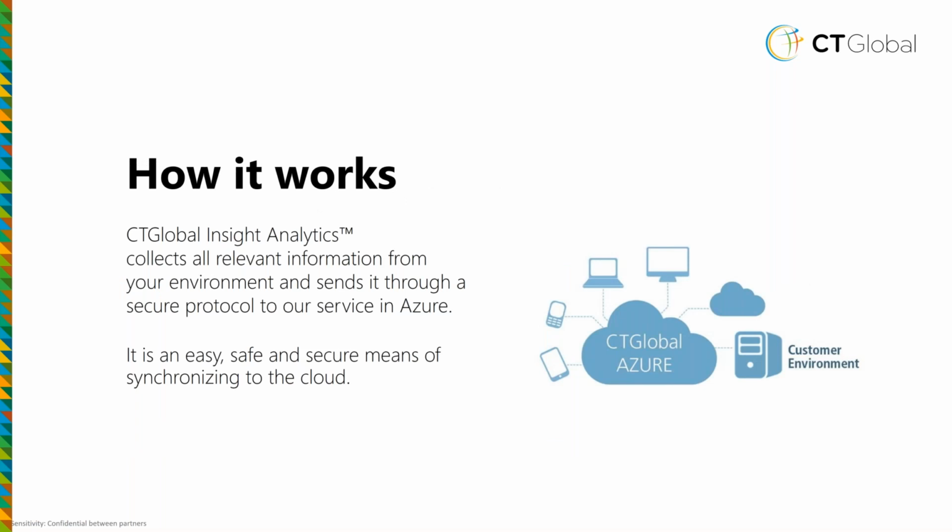So how does it work? Very quickly. As I mentioned, you have your environment. If you have a config manager environment, we will supply you with the reports, with the configuration items, with all the logic. The only thing you really have to do is just install a service. That service will then communicate with Azure. We'll run the queries against your SQL server, encrypt all the data and all of that good stuff, and only send up the results that we need.